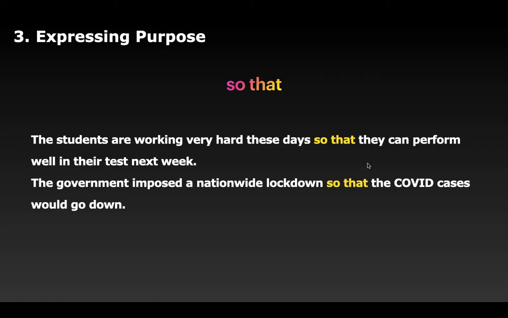Now look at the other example. The government imposed. So there you go. This is past tense. And what's the tense in the other part of the sentence? In the so that part of the sentence?